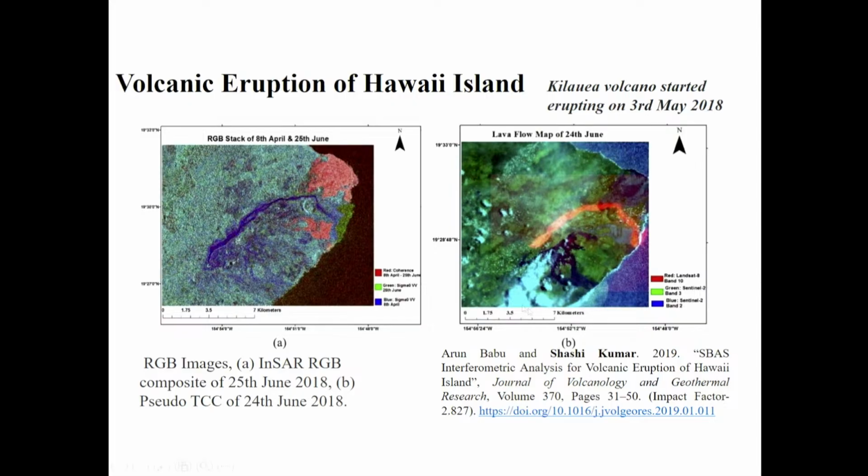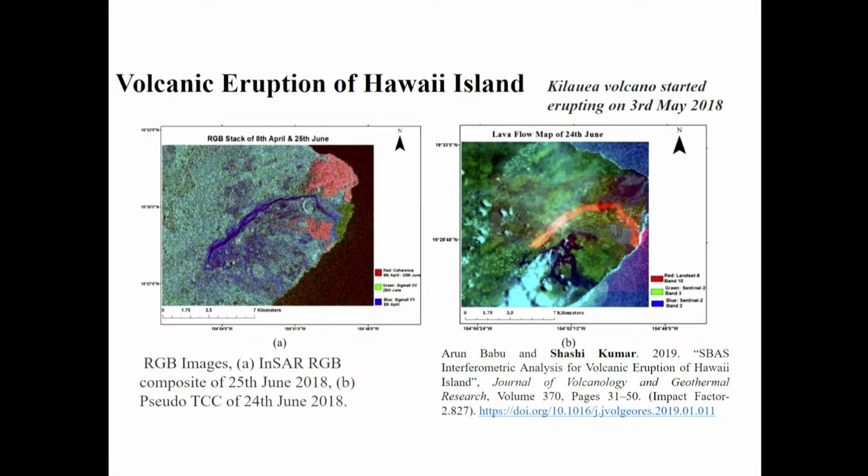Here again another RGB image is generated, in which the red channel is the interferometric coherence image generated with the help of the 8th April and 25th June Sentinel-1 data set, the green one is the sigma naught VV, and blue is the sigma naught VV for the 8th April. In this image you can easily see that the lava flow direction could be easily detected.